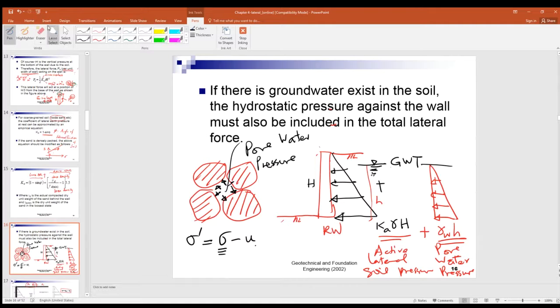it will decrease the actual soil stress here by this pore water pressure. In other words, originally, without water, this sigma could be very high. But because under the action of the pore water pressure, it effectively decreases the contact stress here. That is the effective soil contact stresses.